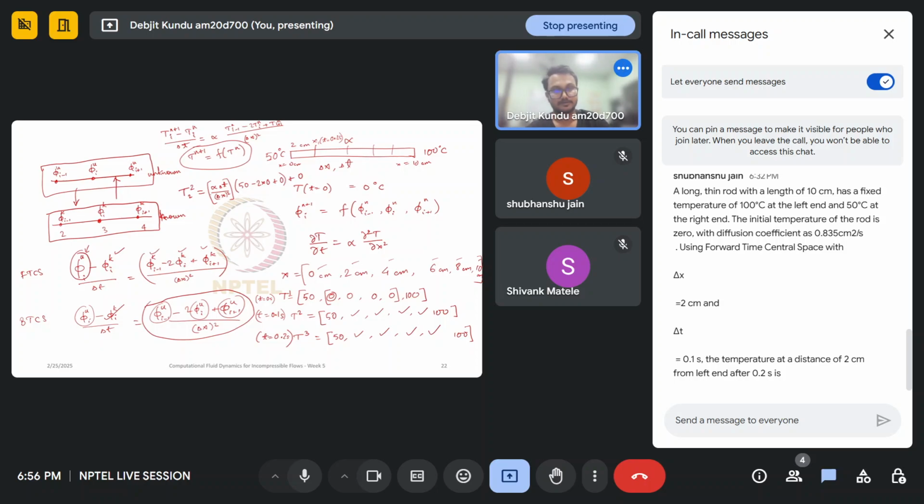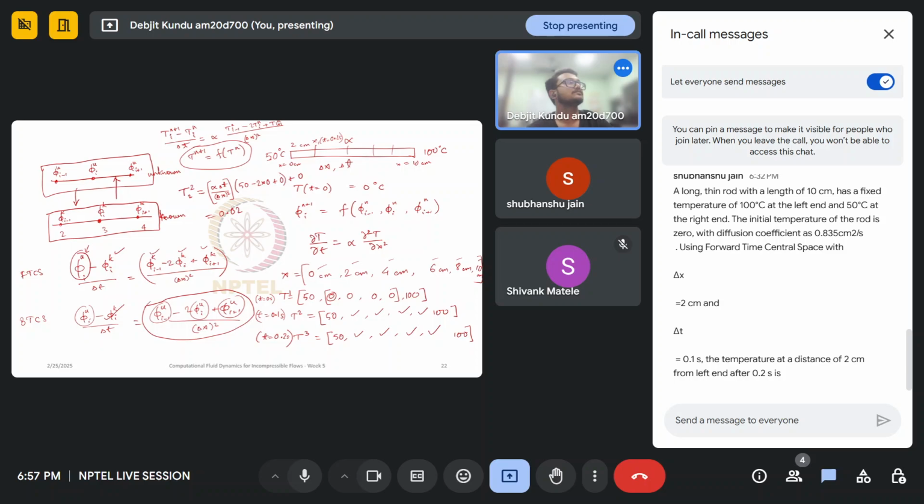So can you quickly calculate alpha delta t divided by delta x squared? It is coming 0.02.